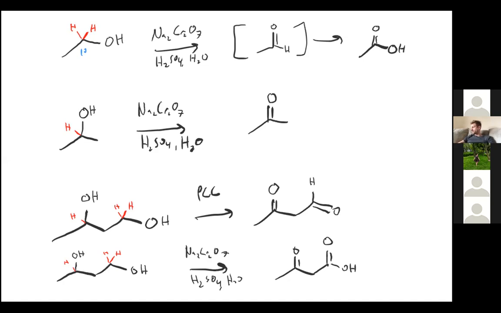Something to note is that you are required to have a hydrogen there in order to oxidize. So if you have something like a tertiary alcohol here, you throw in either PCC or Na2Cr2O7.